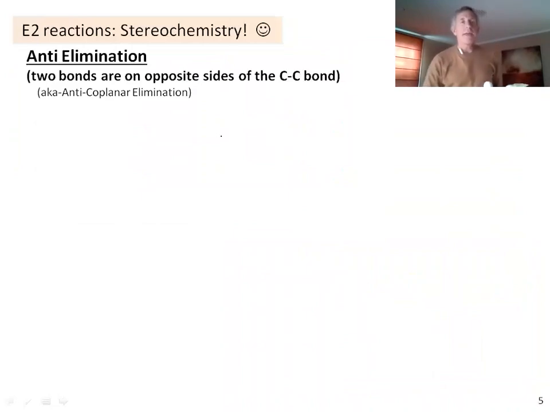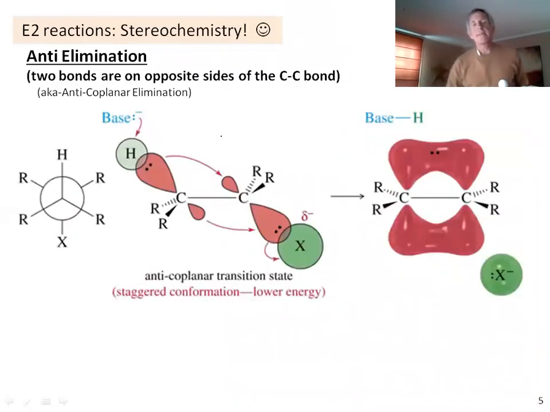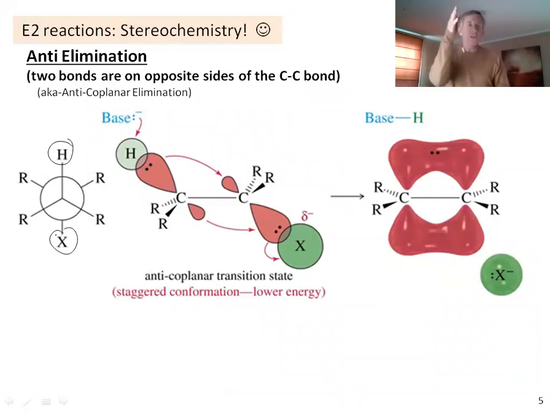So if you were to align the hydrogen away from the leaving group, or otherwise known as anti, okay? Notice it has this beautiful orientation of the hydrogen and the leaving group being anti to each other.